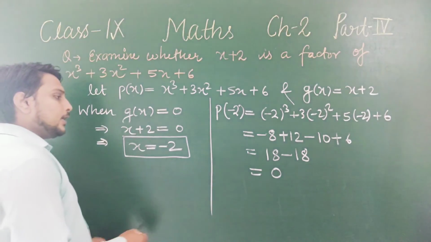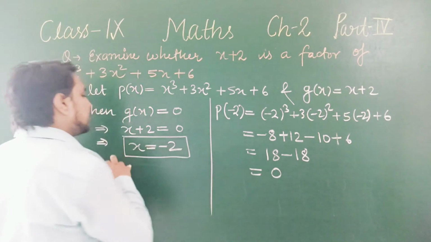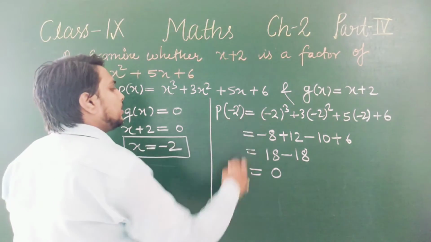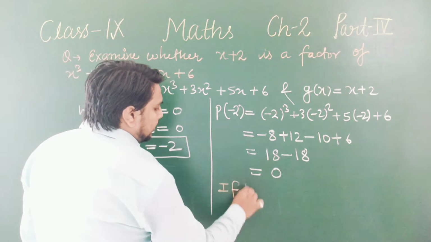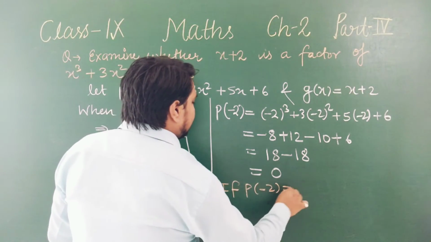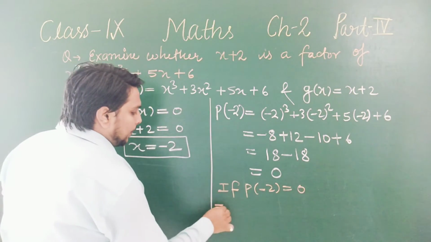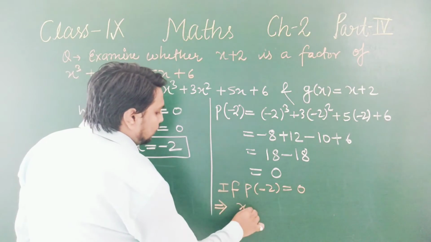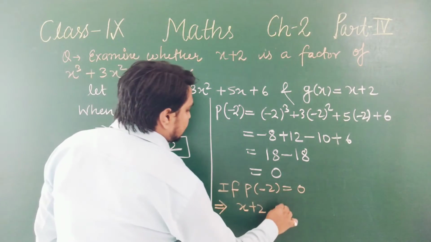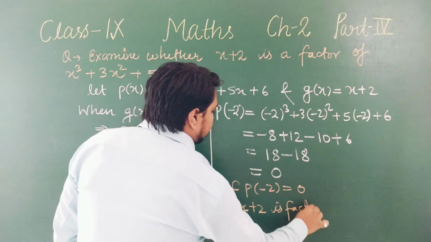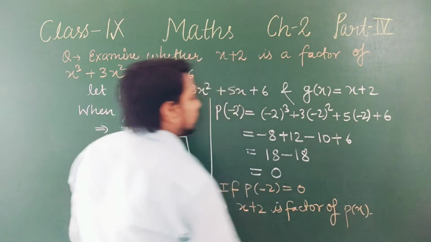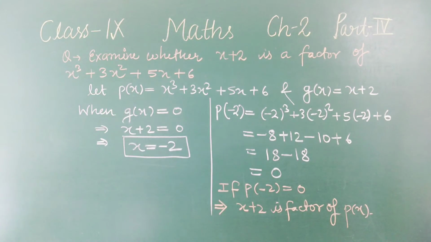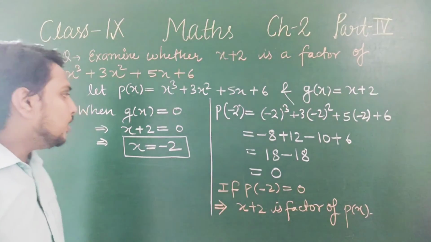So as you can see, at x equal to minus 2, p of minus 2 is coming 0. So if p of minus 2 is equal to 0, then this implies that x plus 2 is a factor of p(x).